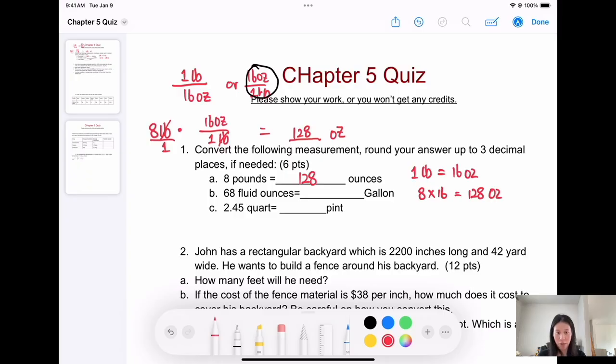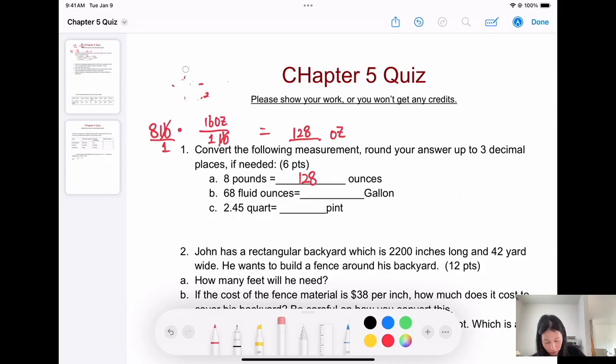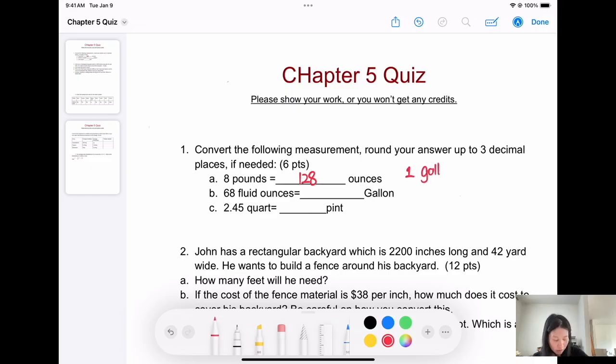Now we use the same method, or I'm going to show you two methods, for how to convert fluid ounces to gallons. Let me erase this first. The first method is we need to know how fluid ounces and gallons convert. 1 gallon equals 128 fluid ounces.